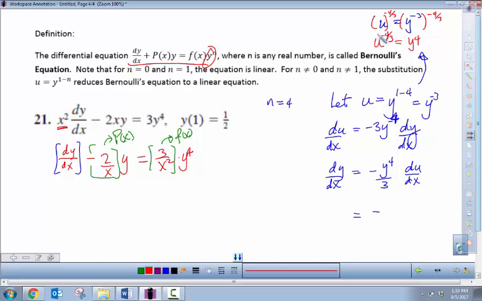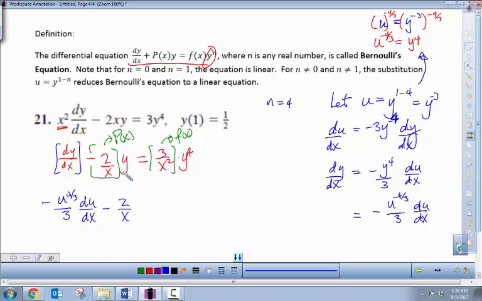All right, let's see what happens. Y to the fourth is equal to u to the negative 4/3 power over 3. This doesn't look easier. So let's replace this with negative u to the 4/3 over 3 du/dx minus 2 over x, and I have a y here.